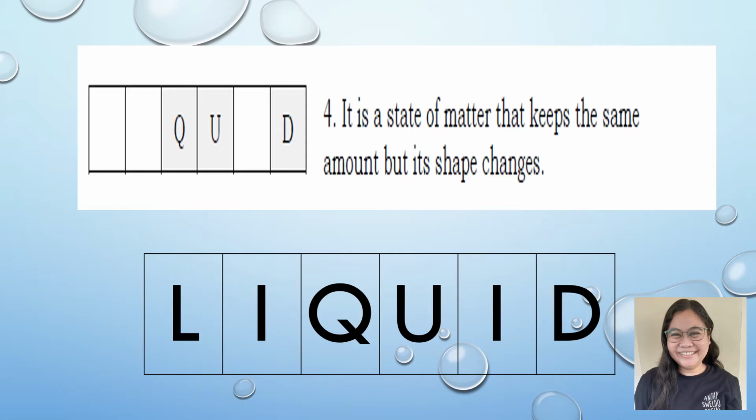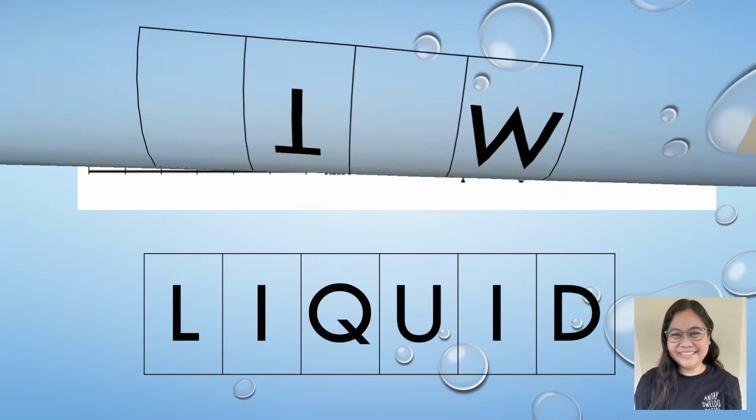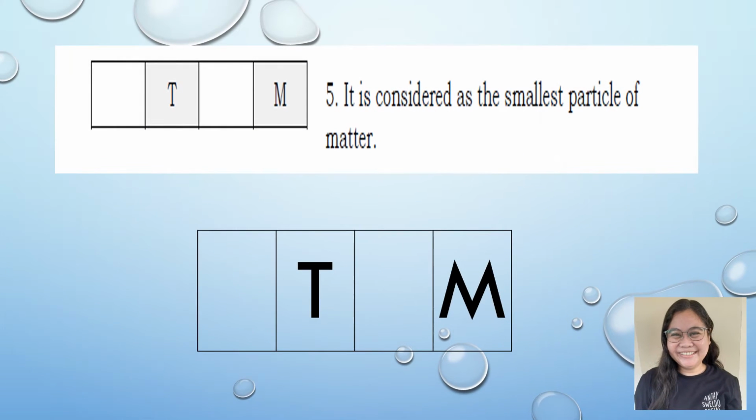Liquid is a state of matter that keeps the same amount, but its shape changes. For number 5, it is considered as the smallest particle of matter. Very good. Atom is the smallest particle of matter.